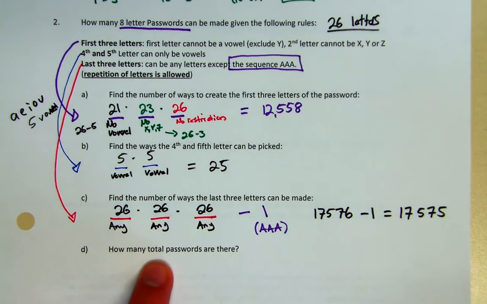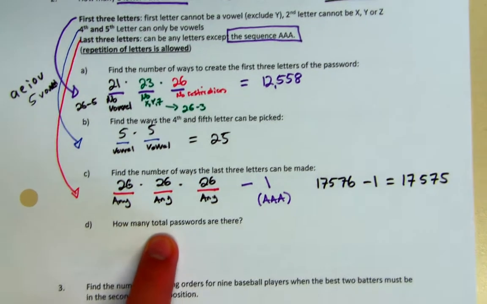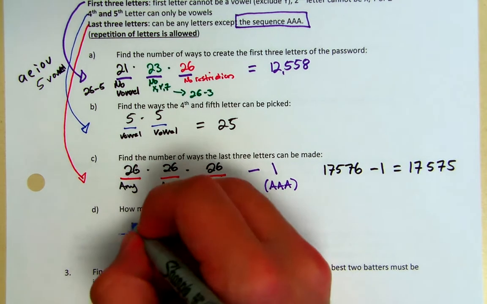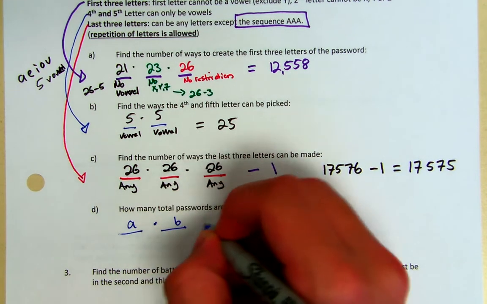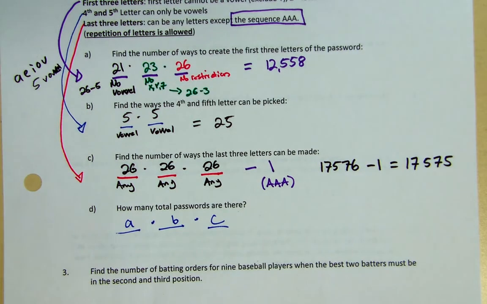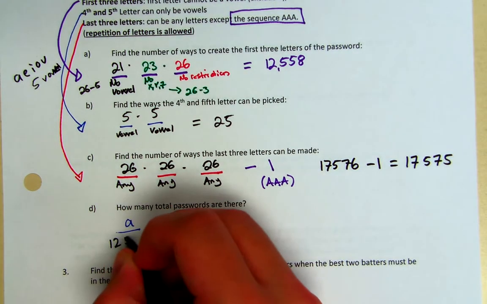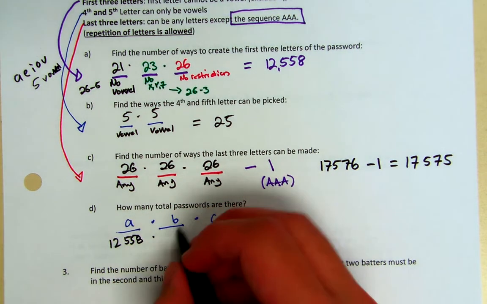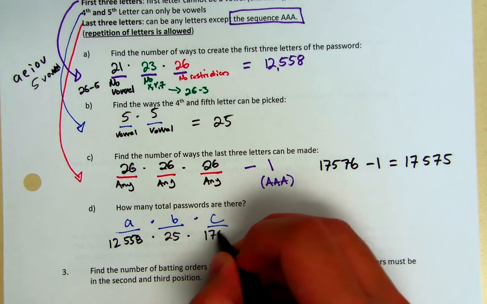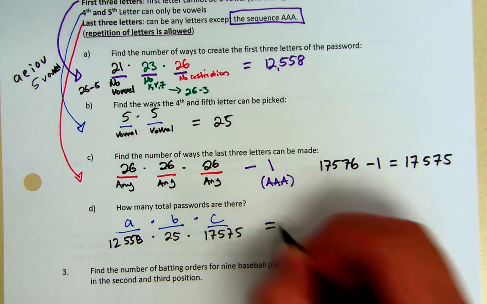Alright, now how many total passwords? We take each part and multiply them together. So take part A, multiply by part B, multiply by part C. That is our 12,558 multiplied by 25 multiplied by 17,575.